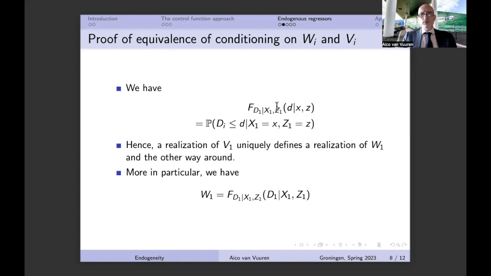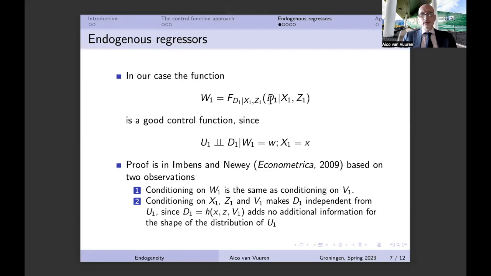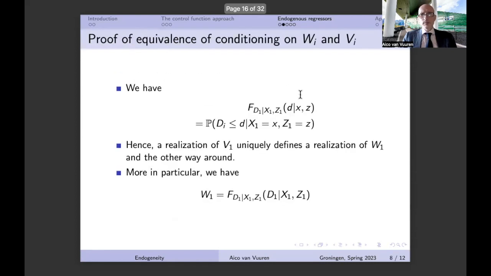And I'm not going to evaluate it in the random d1, x1, and z1, but instead in given numbers, which I denote here by d, x, and z. That's usually what we do when we look at distribution functions. We do not evaluate them in random numbers, but in just given numbers, as we do over here.